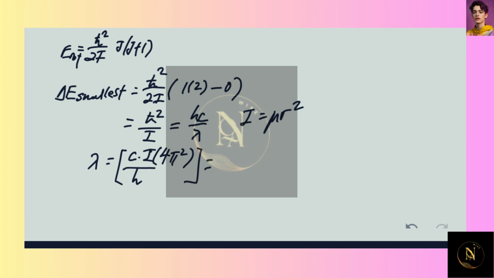Putting it into here, we get 4 pi squared c mu r squared divided by h. We can actually evaluate this expression except for the mu, so we're going to leave the mu outside, and the rest of this inside the brackets is actually constants.